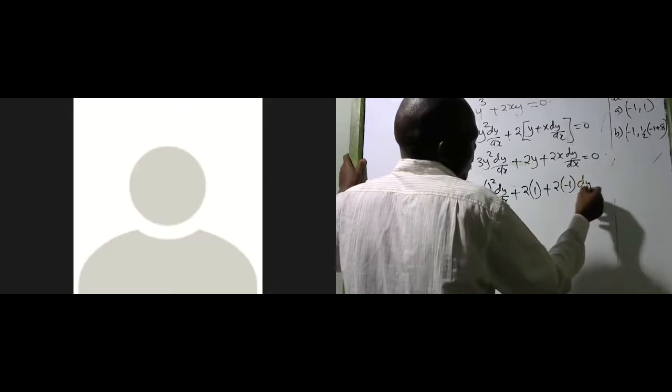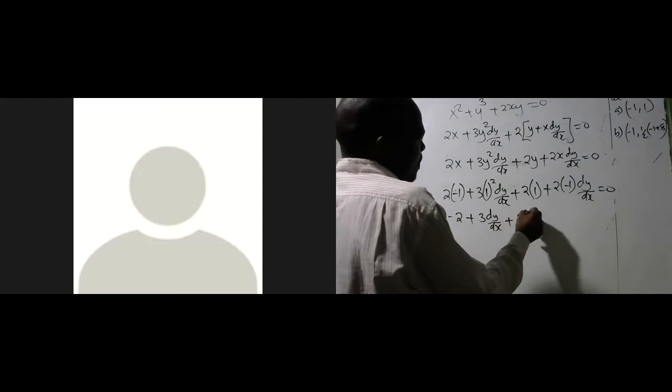So in this case here, we are going to do what? To substitute there. So you have 2, then you have -1, positive 3, 1 squared there, then dy/dx, positive 2, then y is 1 there, positive 2 minus 1, then dy/dx is equal to 0. Then now we multiply out.